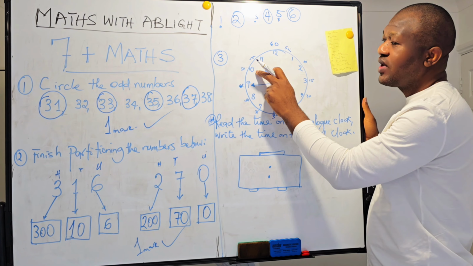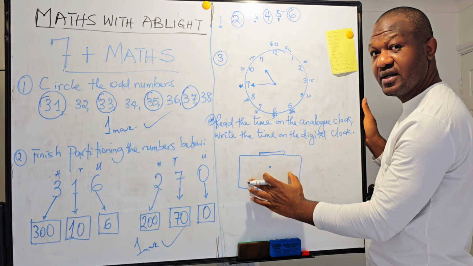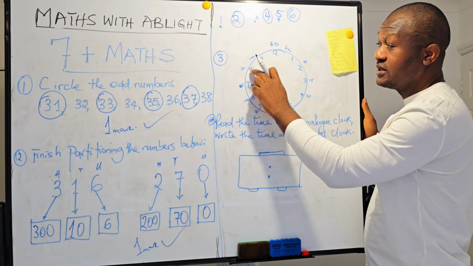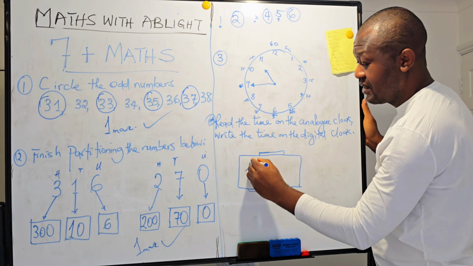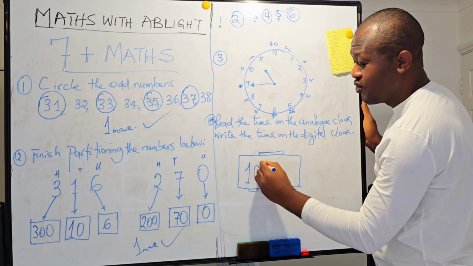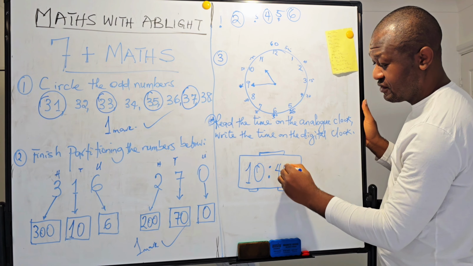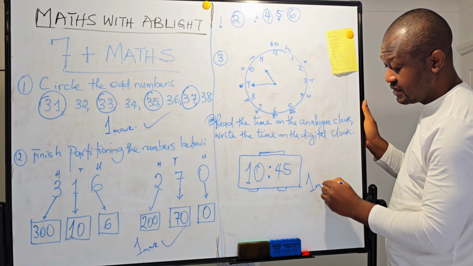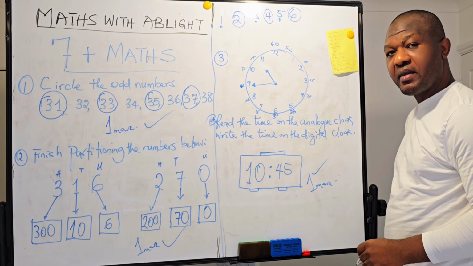So if you want to write this in your digital wall clock, this is how you go. You write 10, because it is starting from 10, doesn't go to 11. Then you write the minute hand, which shows 45. So your answer will be 10:45. This is for 1 mark, and you have scored 1 full mark.